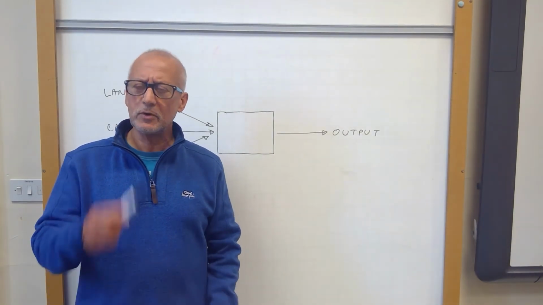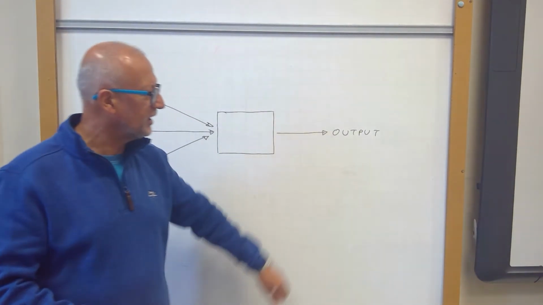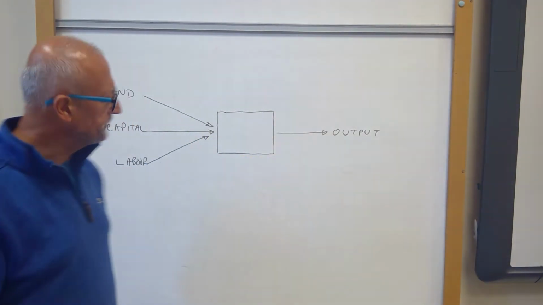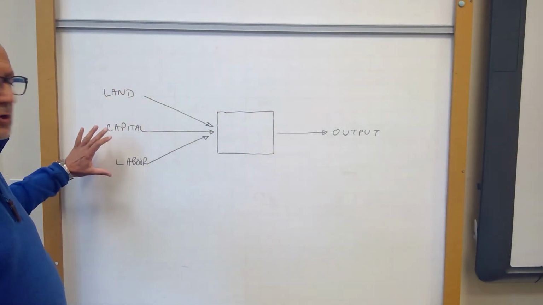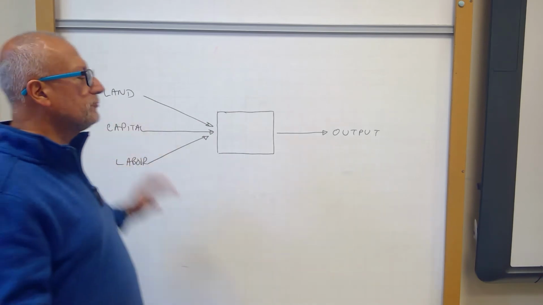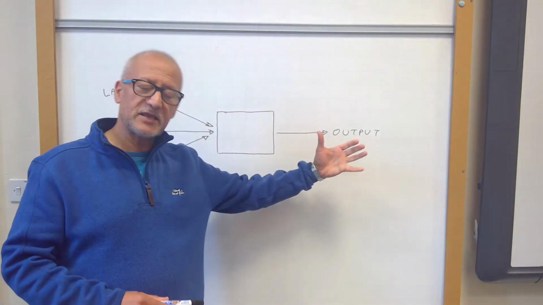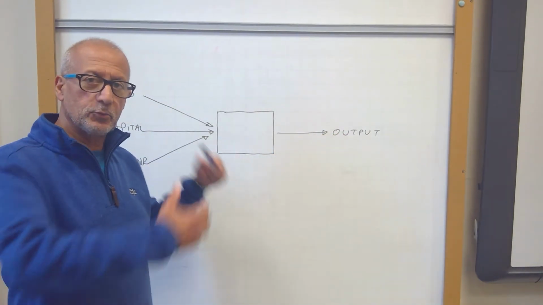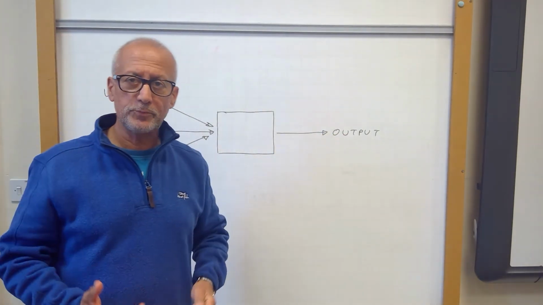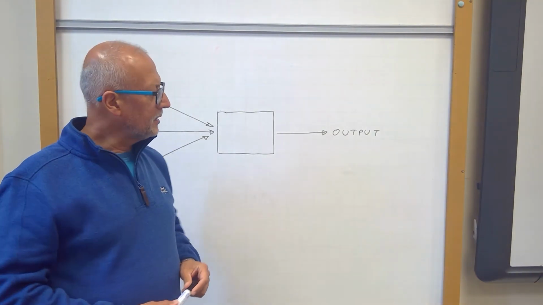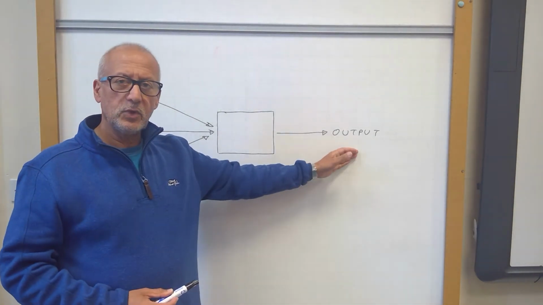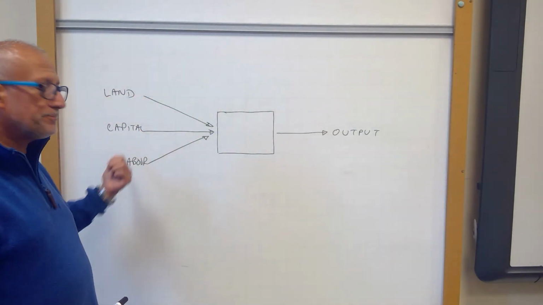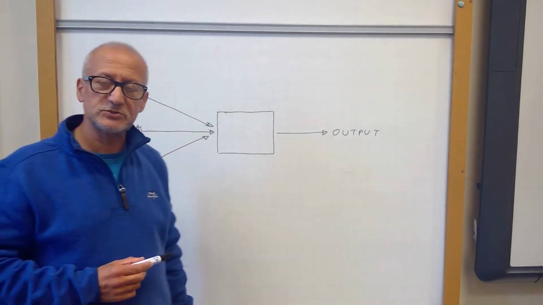Productivity is something different. Productivity is about the efficiency with which we made that output. So we want to use as little resources as possible to make as much output as possible. And the more output we can make with fewer resources, the more productive that we are. So generally, we would try and look at output by reference to possibly one of these resources when we measure it.